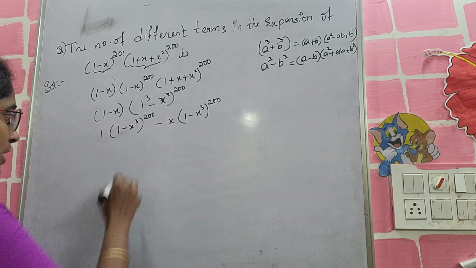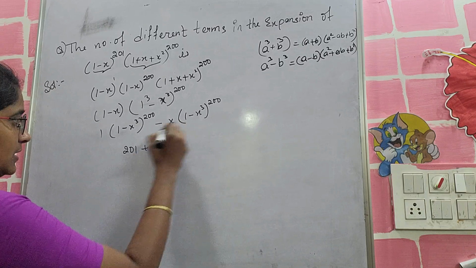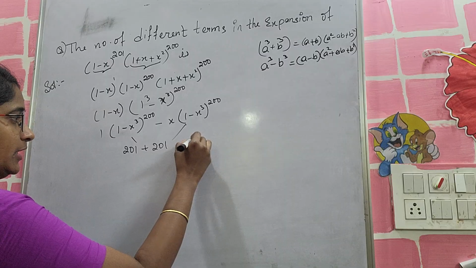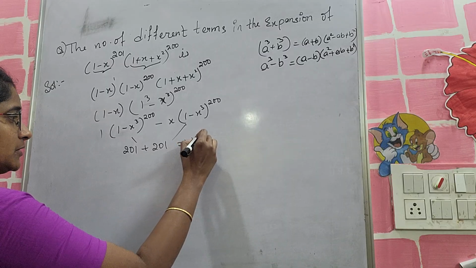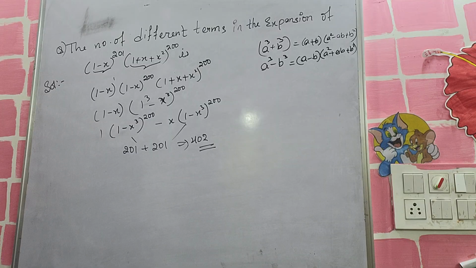So in this 201 and then plus in this 201. So totally how many terms am I going to get? 402 terms. Different terms in this. Okay.